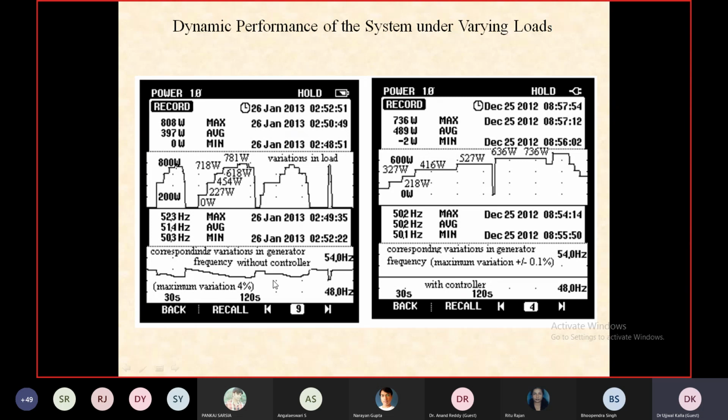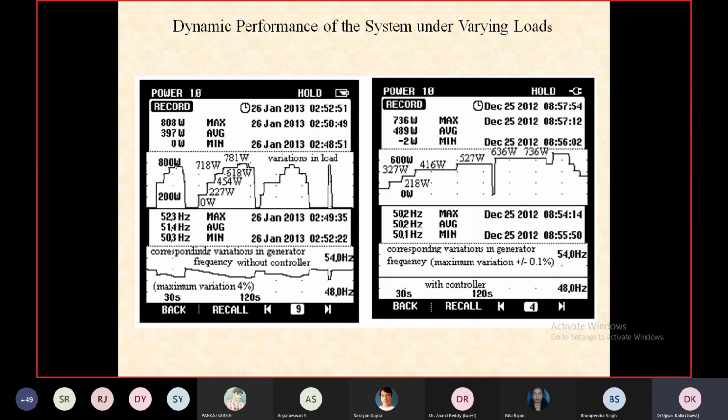The variation in the system frequency is approximately 2 Hz from no load to full load. But using this controller, see the right side figure, the variation in the frequency is only 50.1 Hz to 50.2 Hz, only 0.1 Hz variation. Without controller, 2 Hz variation was there. So error has been reduced 20 times.